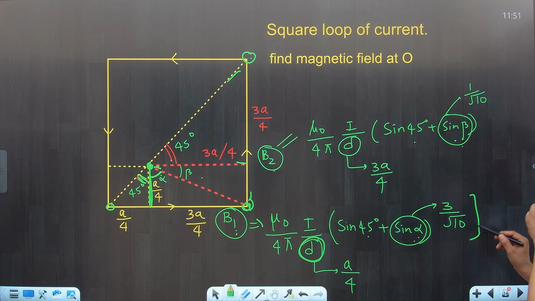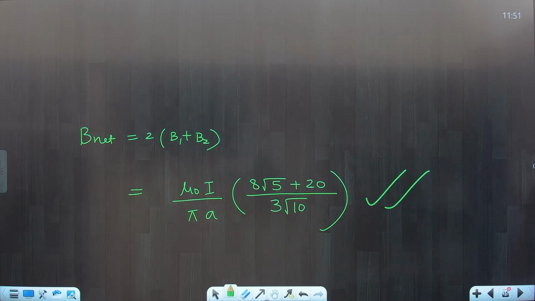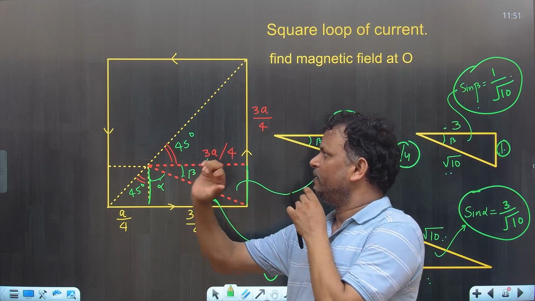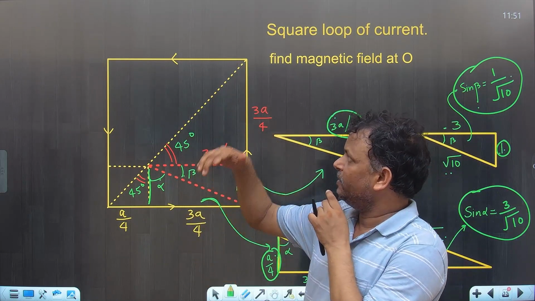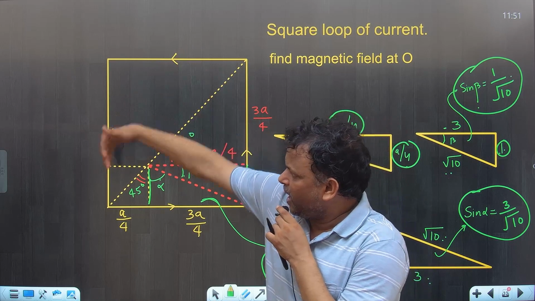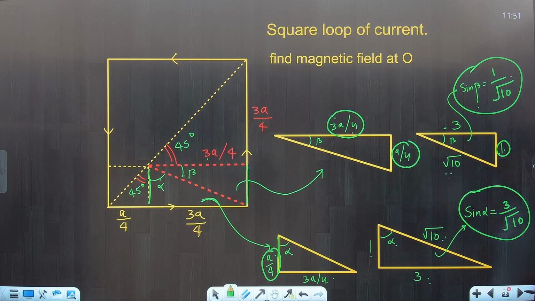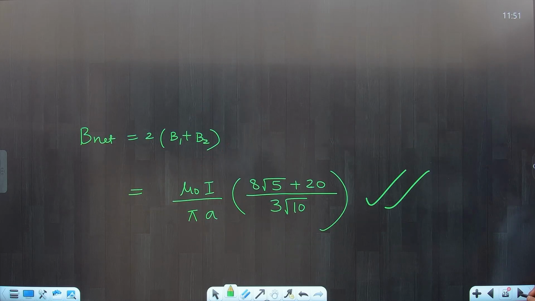You have calculated earlier that sin beta is 1 by root 10 and sin alpha is 3 by root 10, right? So when you add these, because all the magnetic fields are adding up, see, I dl cross r gives B, I dl cross r gives B, all the fields are adding up. That's why you have added all the magnetic fields.